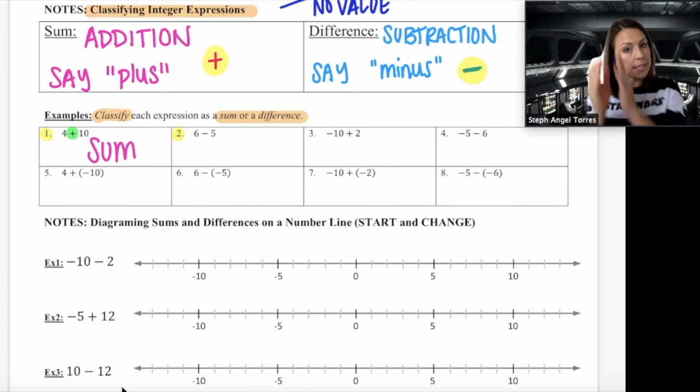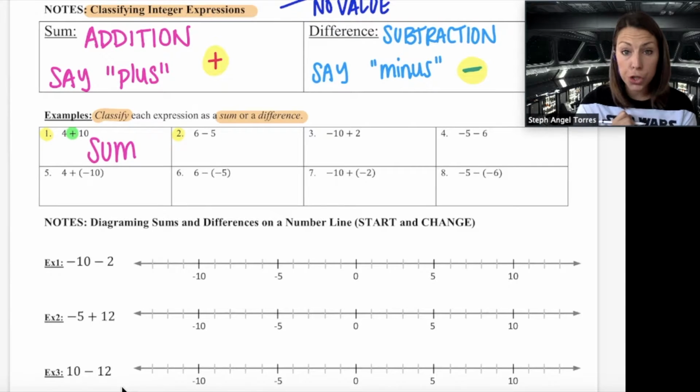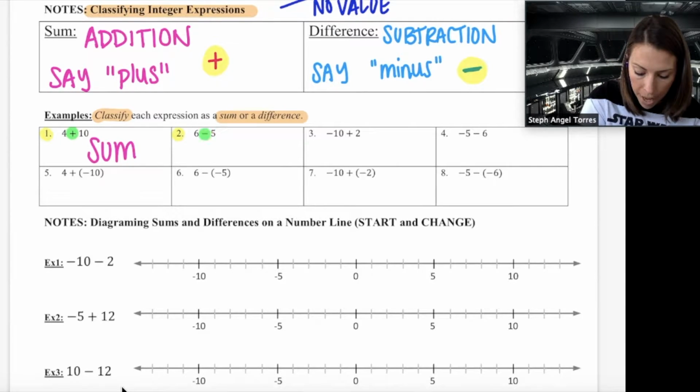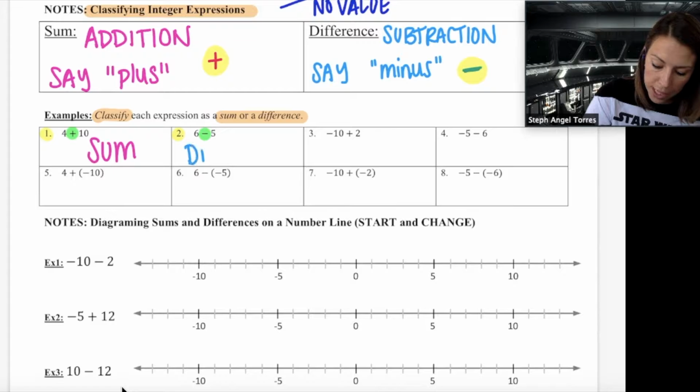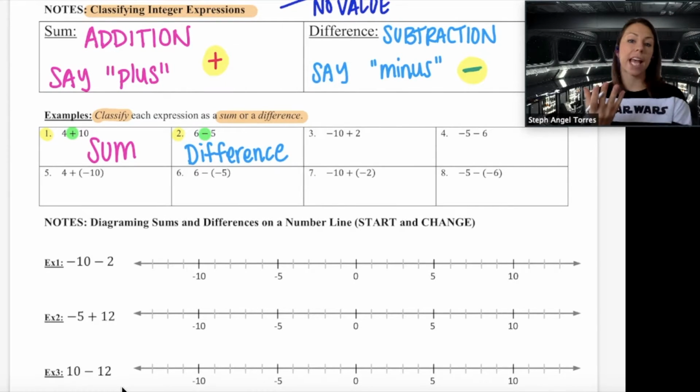It goes into the sum category. Let's read number 2. Number 2 reads 6 minus 5. So because I am saying the word minus, 6 minus 5 would go into the difference category. So it's all about what you're saying when you read it out. Sum is you're saying plus, and difference you're saying minus.